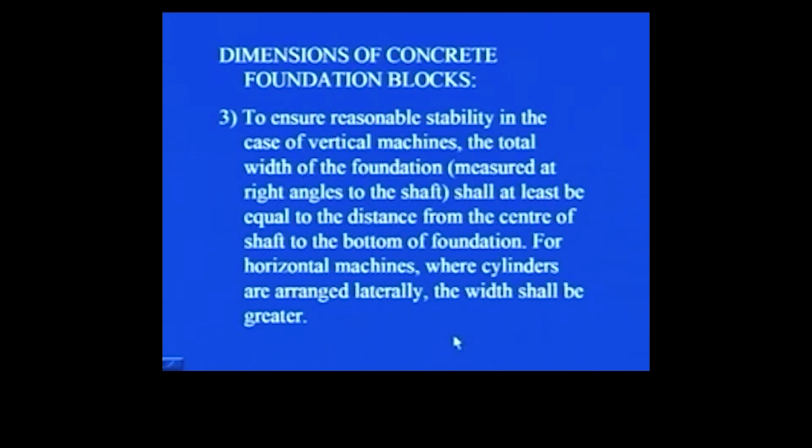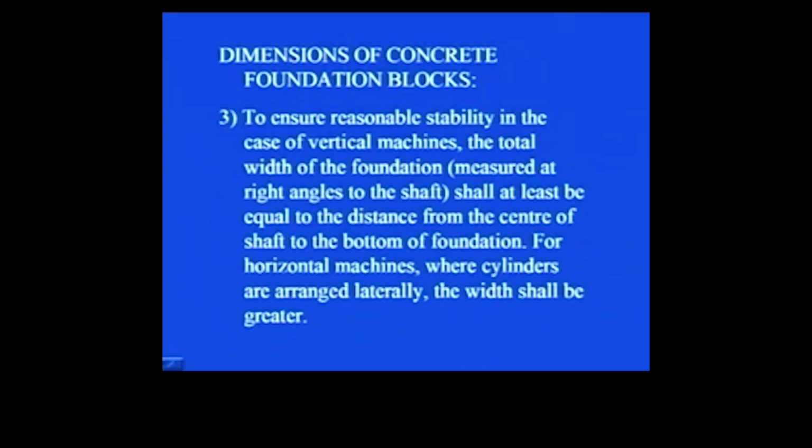Then to ensure reasonable stability in the case of vertical machines, the total width of the foundation shall at least be equal to the distance from the center of shaft to the bottom of foundation. So this thing you must keep in mind when you go for deciding upon the dimension of concrete foundation blocks.